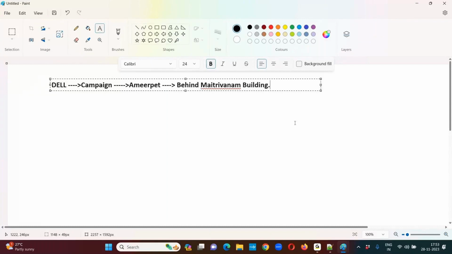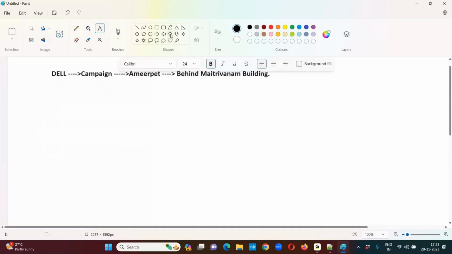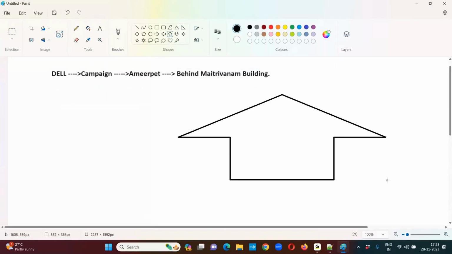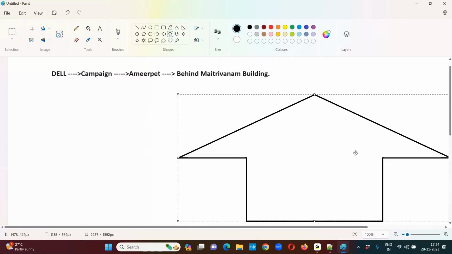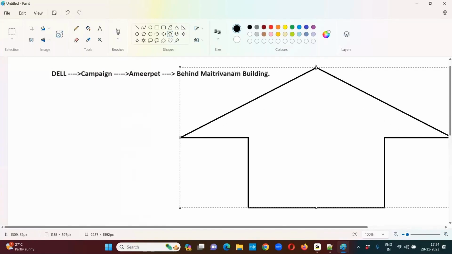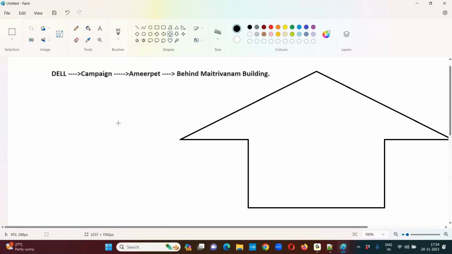In order to conduct this campaign, they are going to be establishing a small tent. They would like to place a small tent over here.